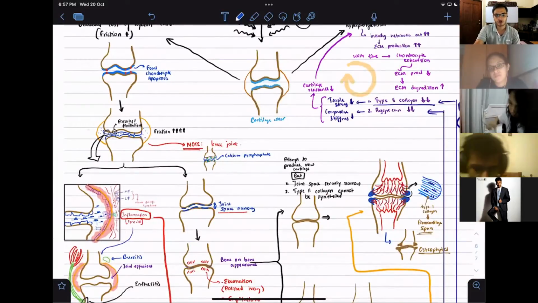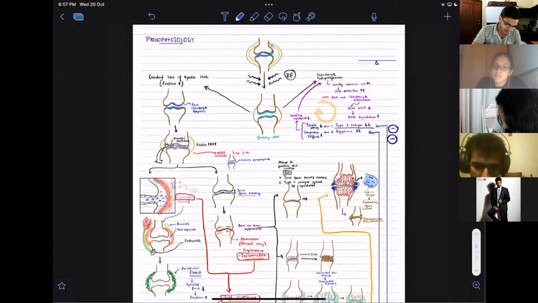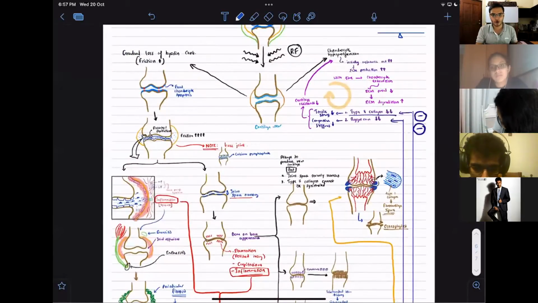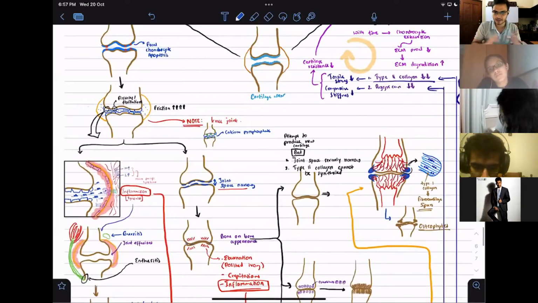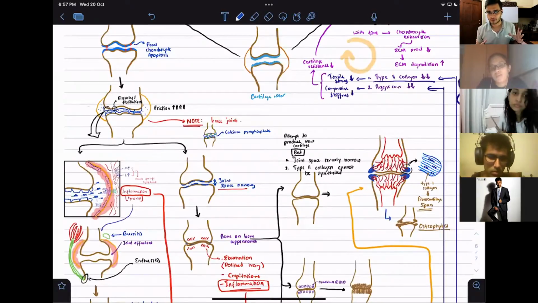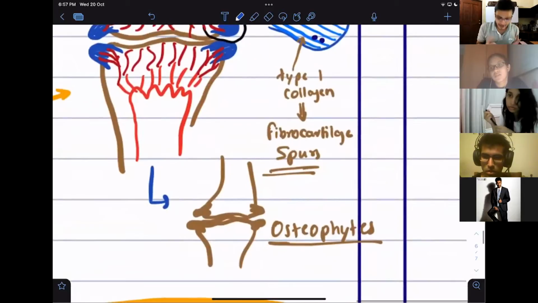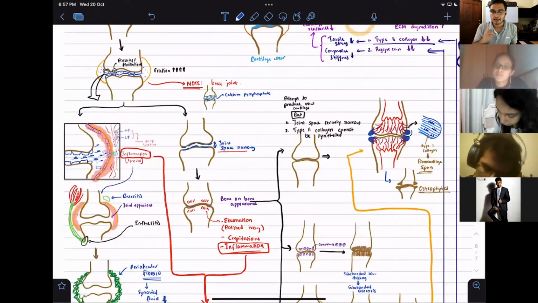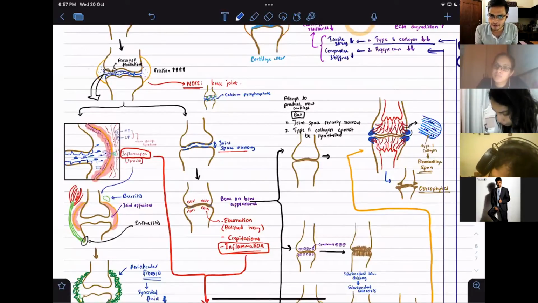What do I want to stress here? What is the final step in this entire process? Osteophyte, this is the last one that we did. But even in very early osteoarthritis, some patients can already have osteophytes when they present to you.